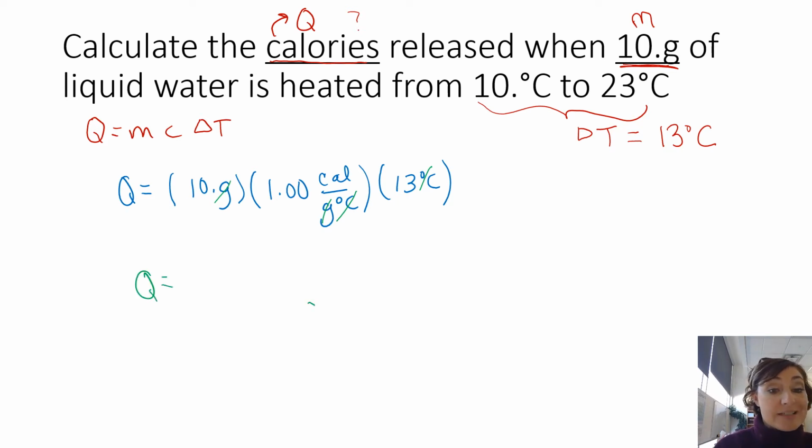And calories make sense. I can do my energy in calories or grams, depending on what the problem gives me. So I've set this up correctly for my units to cancel. Plugging these into our calculator and rounding to 2 sig figs, because that's the least in the problem, I get 130 calories with no decimal places.